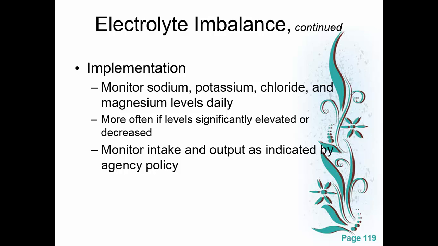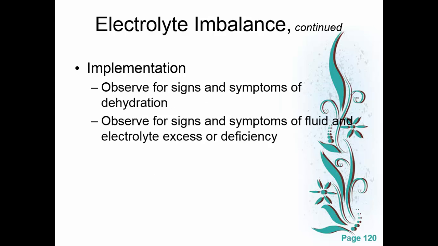These will be monitored more often if they have significant elevations or decreases in these electrolytes. You also want to monitor their intake and output as directed by the agency policy. Observe for signs and symptoms of dehydration. Also look for signs and symptoms of fluid and electrolyte excess or deficiencies.